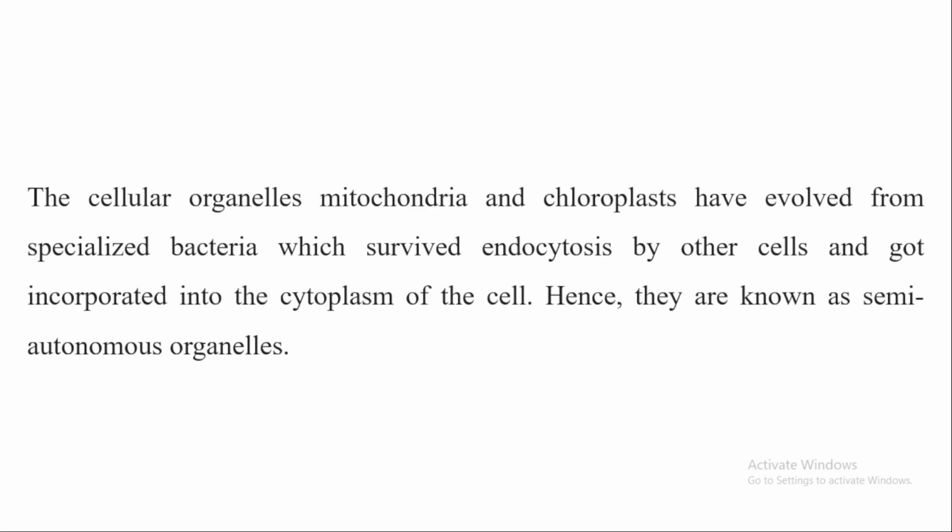Now, that bacterial cell has somehow survived inside that bigger cell and got incorporated into the cytoplasm of the cell, and when that bigger cell started dividing into progeny cells, all the progeny cells contained that particular bacterial cell and that became an organelle.